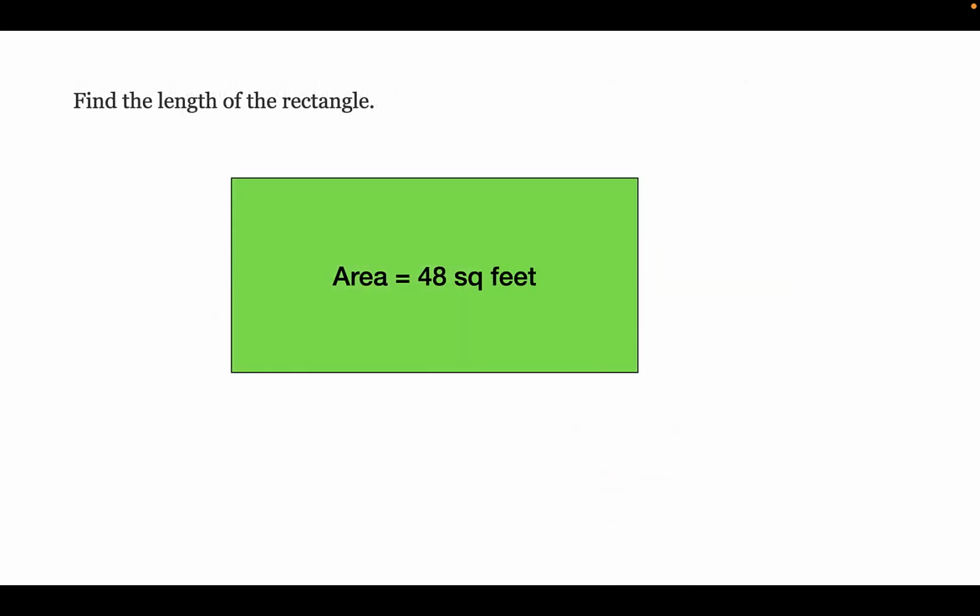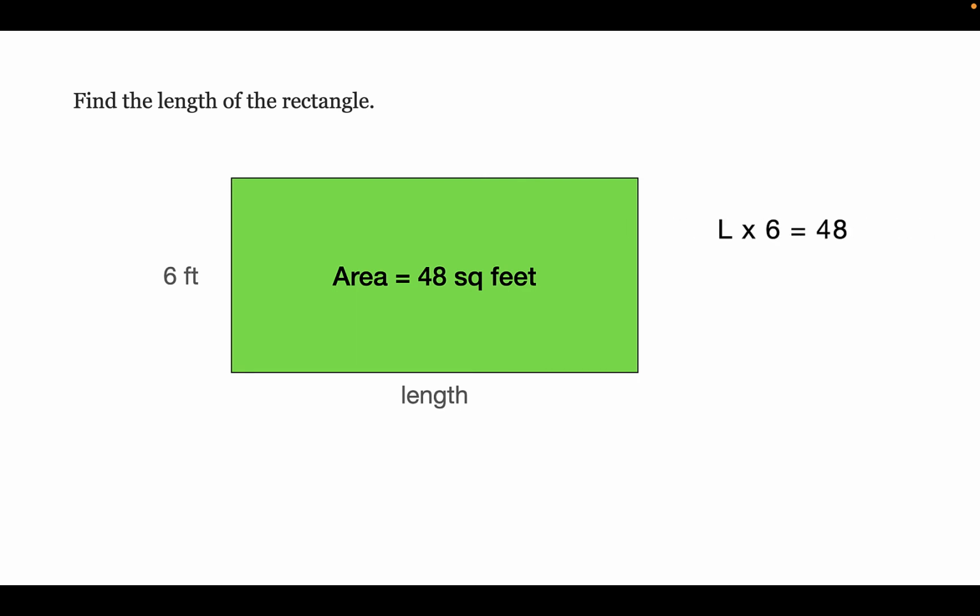Let's try this one. It says find the length of the rectangle. So what we know is that the width is 6 feet and the area is 48 square feet. Area is length times width, and we need to find the length.